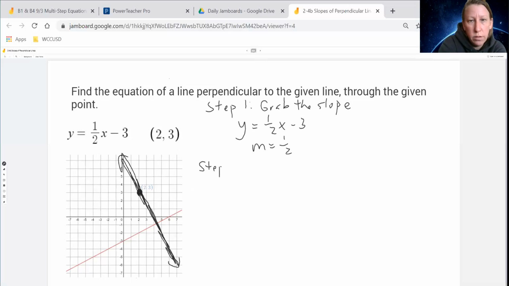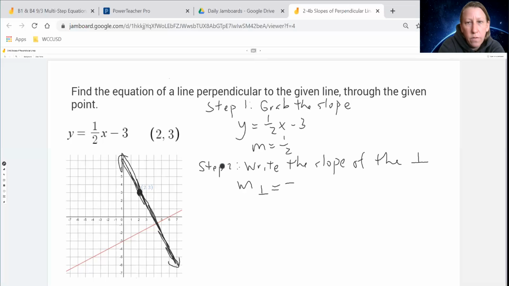Step 2, I'm going to write the slope of the perpendicular. And that's what we were just looking at in the last slide. So the slope of the perpendicular is going to be -2/1. Or we could just do -2.